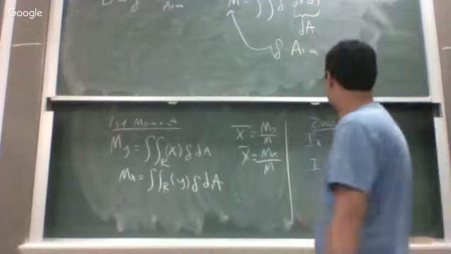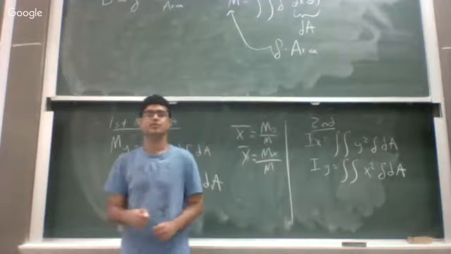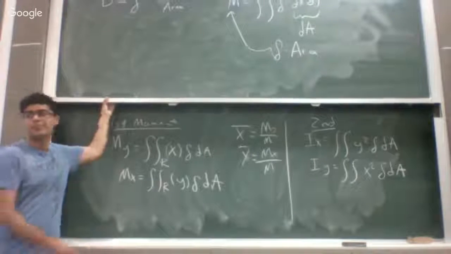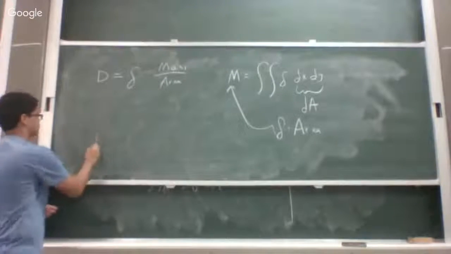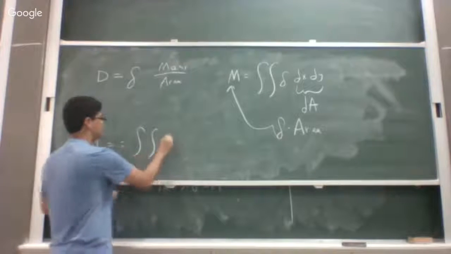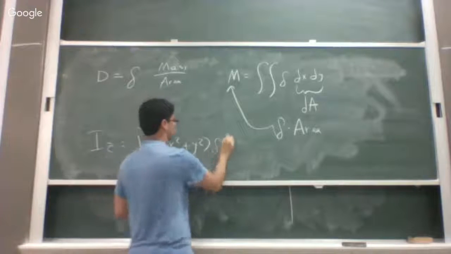Iz. What do you guys think Iz is? It's probably going to be the integral of x squared plus y squared. Yeah. Iz is the double integral of x squared plus y squared times rho dA.